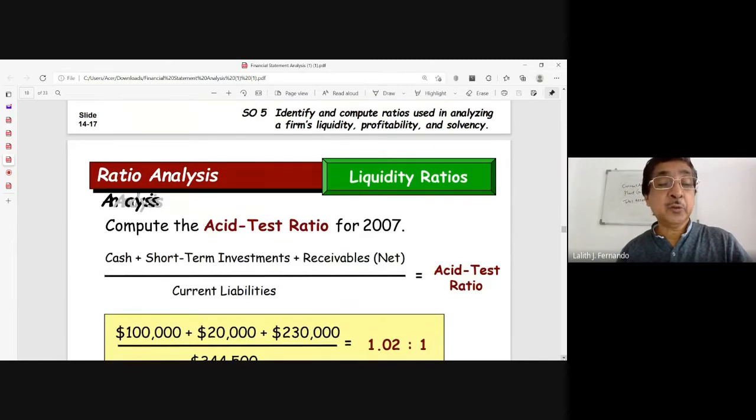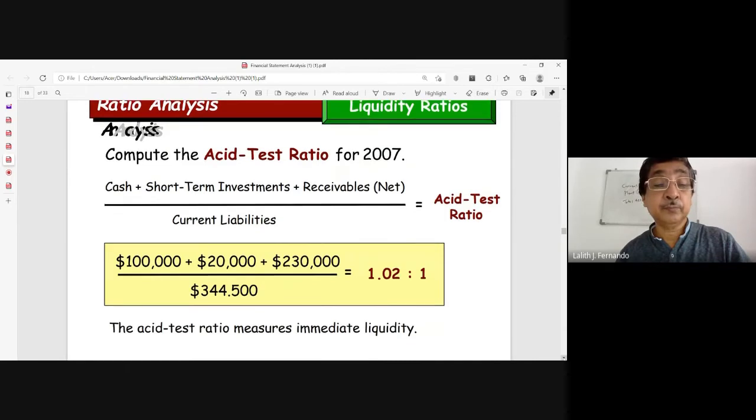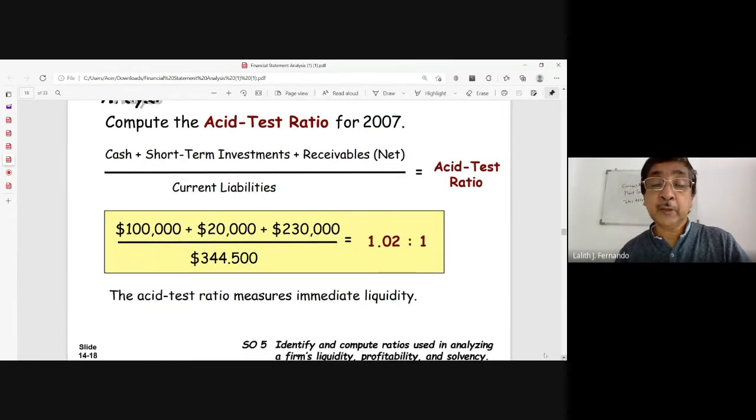So the acid test ratio is calculated by taking into consideration only cash, short-term investments, and net receivables, divided by current liabilities. Then you get the acid test ratio. We call it the immediate liquidity, or sometimes the quick ratio also.